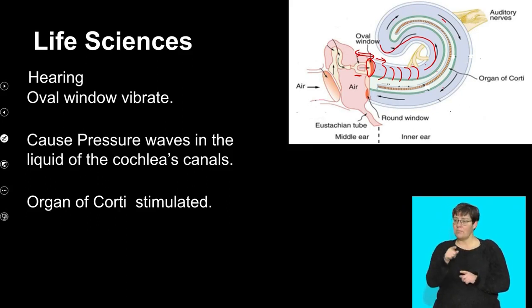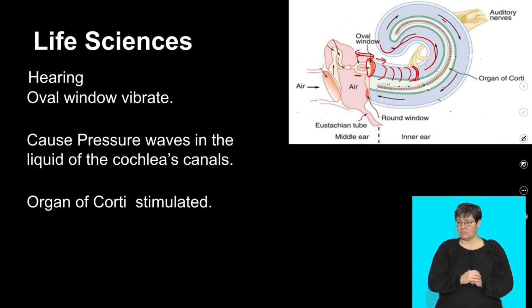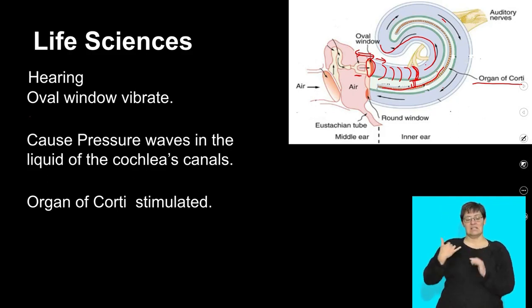But the moment that pressure wave is there, it is pressing down on this membrane right there, and it stimulates the organ of Corti, which is situated there. So when it presses down on that, it is stimulated. Let me just get the pen again.